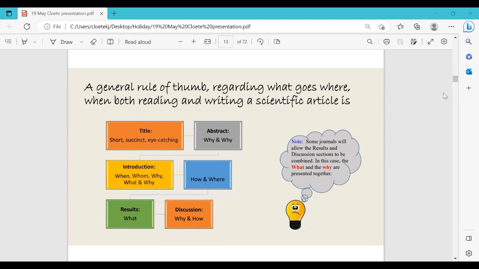So remember this difference. The title of a paper published in an academic journal is different from the title of a paper published in a popular magazine like The Conversation.